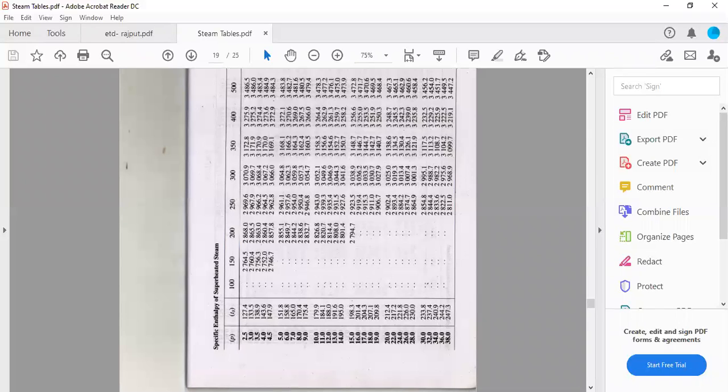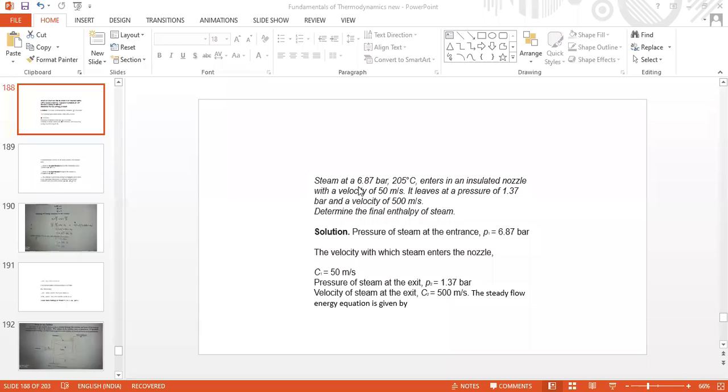We are required to read these at the corresponding temperature. So say in the problem, the temperature is 205, and the pressure is like this.